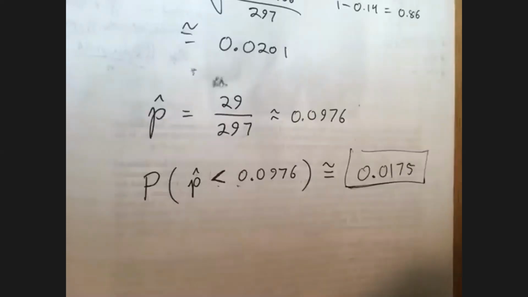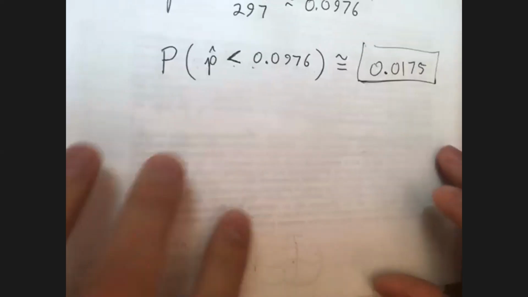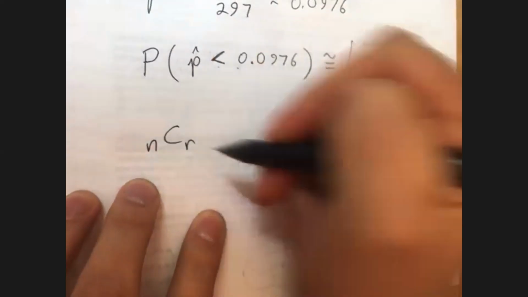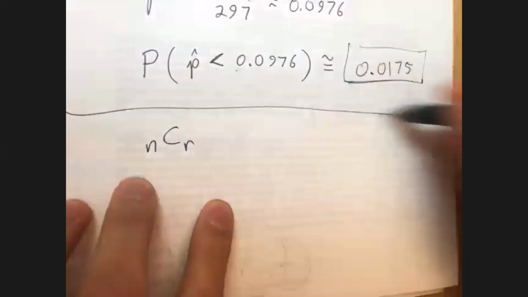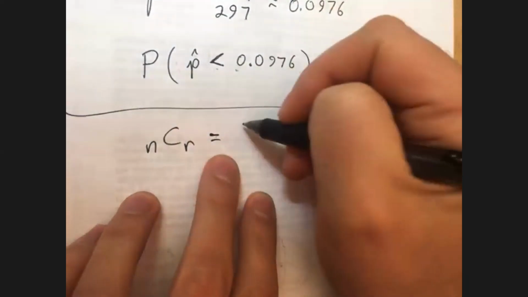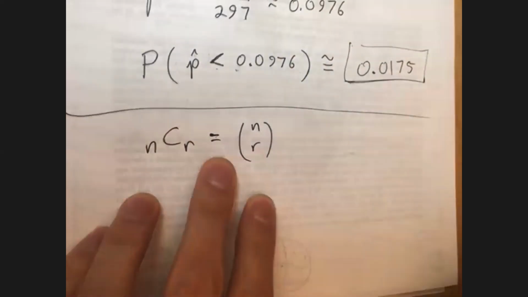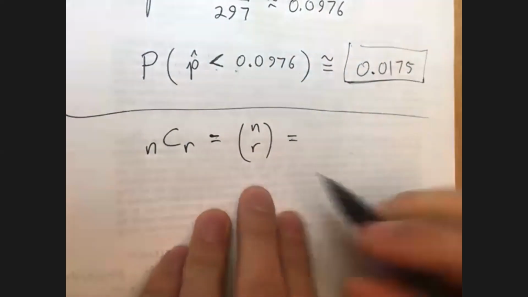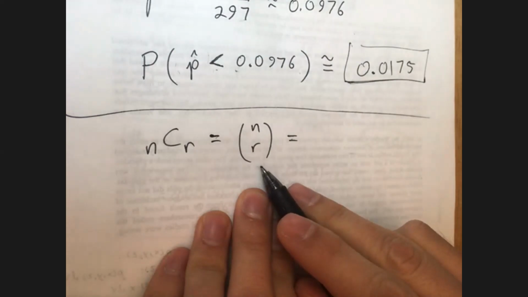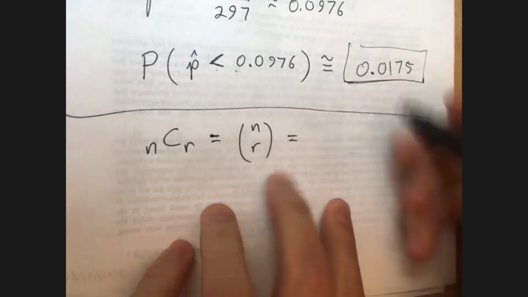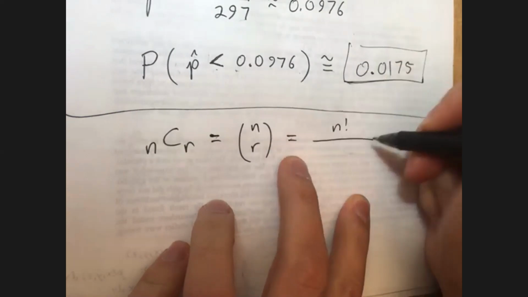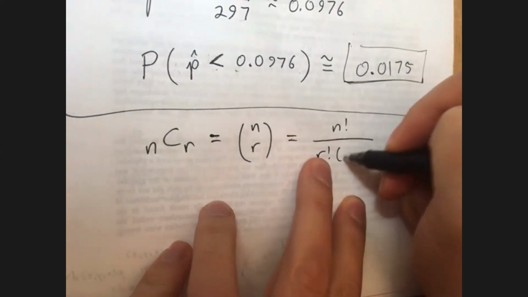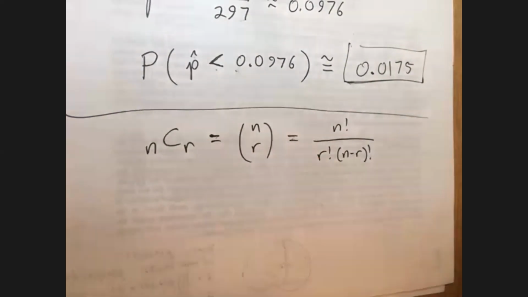Let me put this into context. NCR is a button you'll see on your calculator. It's the same as n choose r, the notation I used when we were talking about binomial probabilities, and that is n factorial divided by r factorial times n minus r factorial.